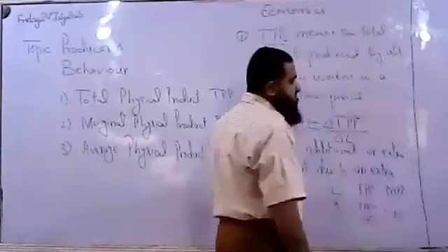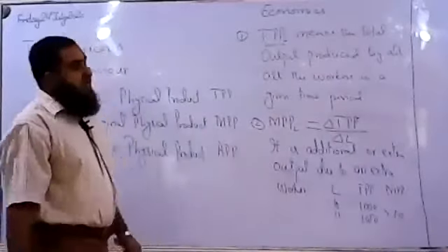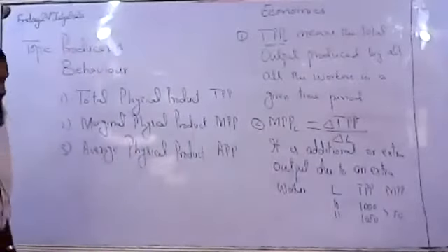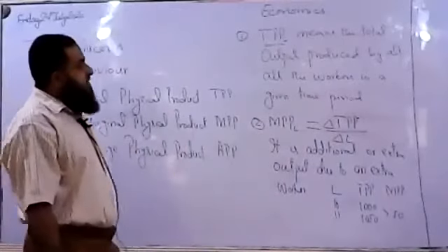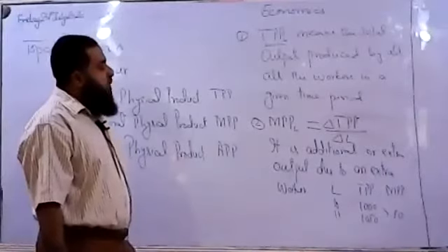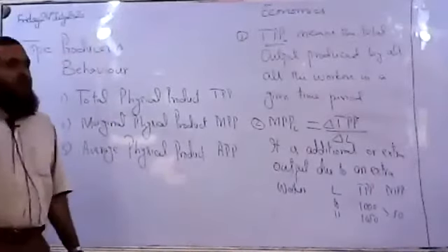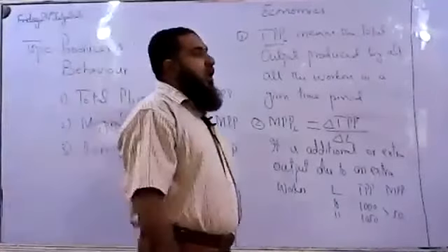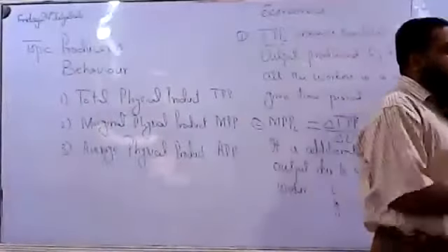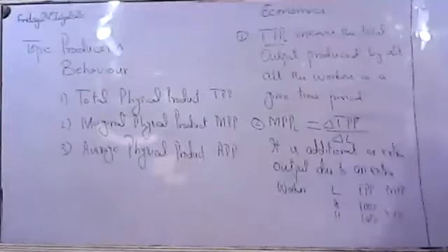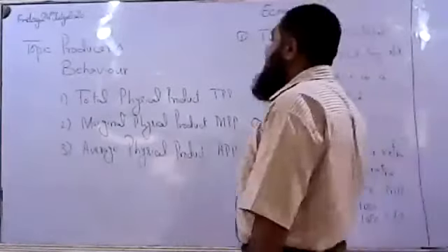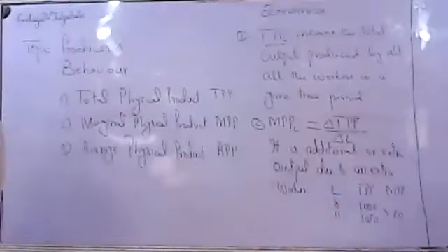That is 50. He increased the total output by 50 units. If we are adding an extra worker into our production unit, how much total output will change due to that extra worker? That is called marginal physical product of labor.